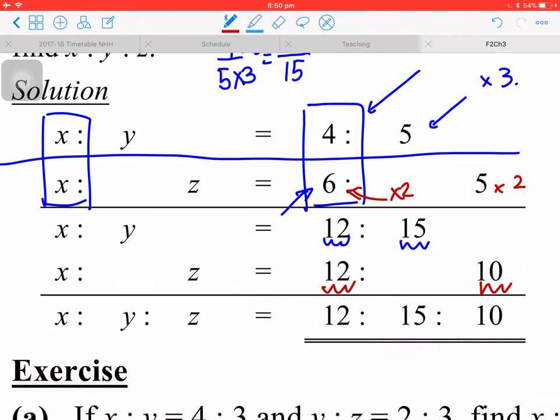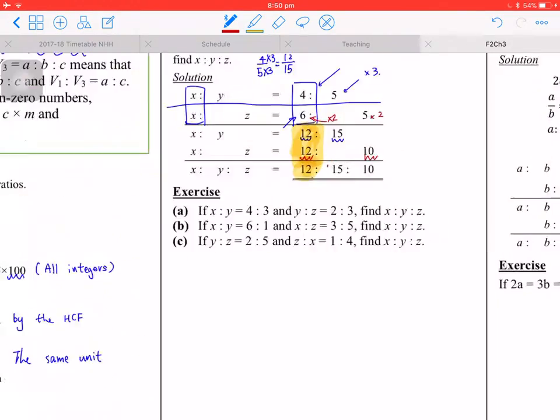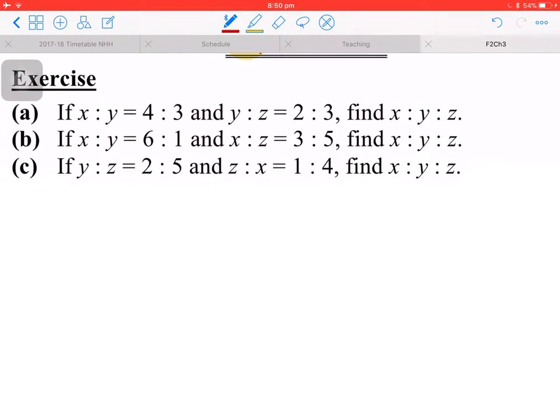Because you have the same x here, you can simply put it here, and at the end you have 12 to 15 to 10. After some practice you should get used to it.